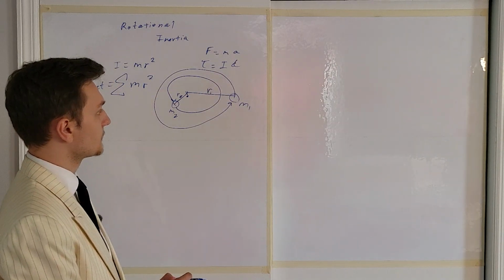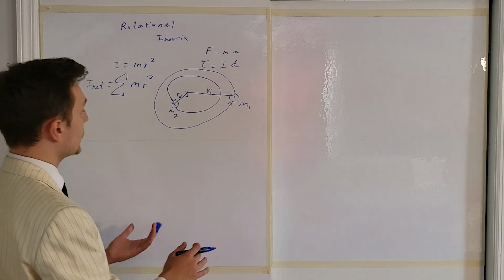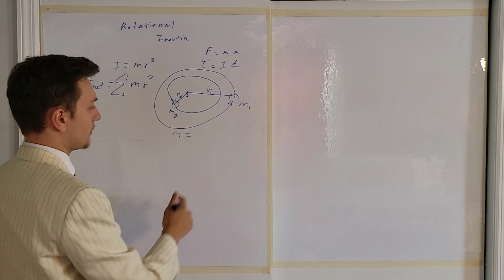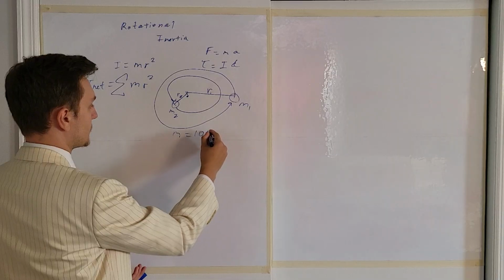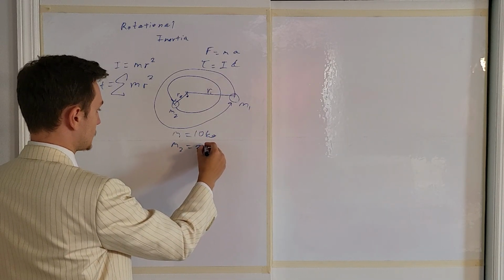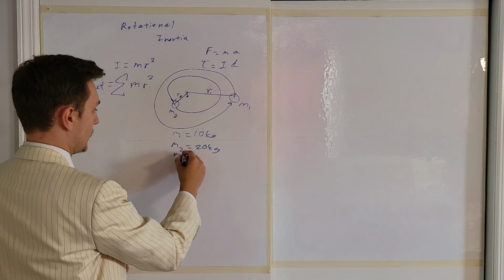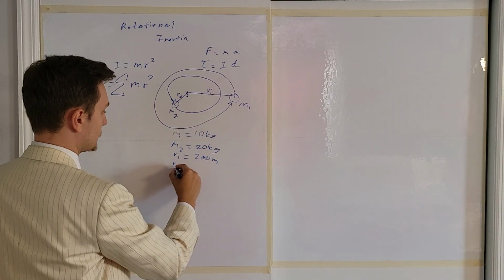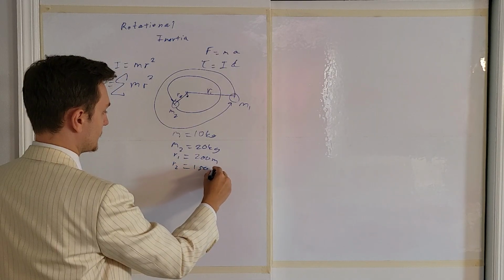So let's give ourselves some numbers so that we know what we're dealing with. Let's say M1 equals 10 kilograms, obviously a planet isn't 10 kilograms, just work with me. M2 is 20 kilograms, R1 is 200 meters, R2 is 150 meters.